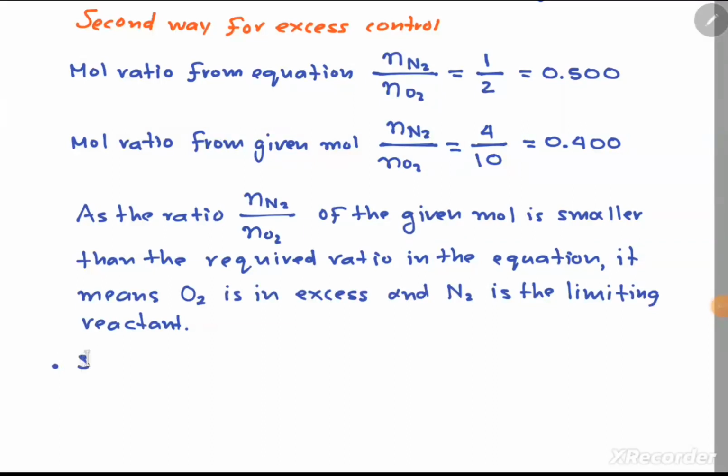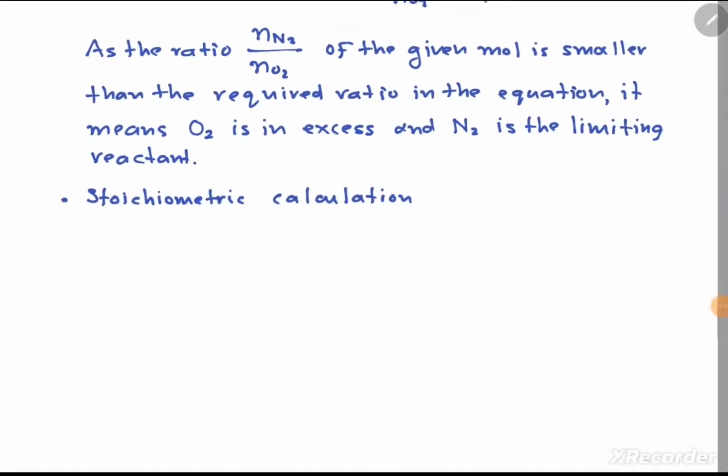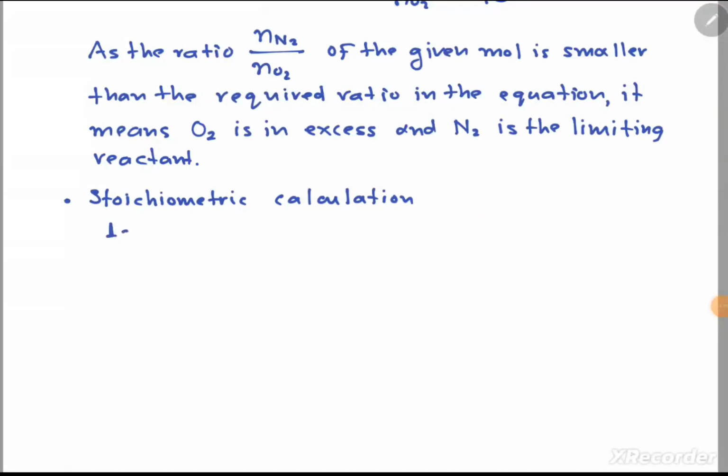So we have the stoichiometric calculation based on the amount of nitrogen. 1 mole nitrogen gives 2 mole nitrogen dioxide. 4 mole nitrogen gives x mole nitrogen dioxide.